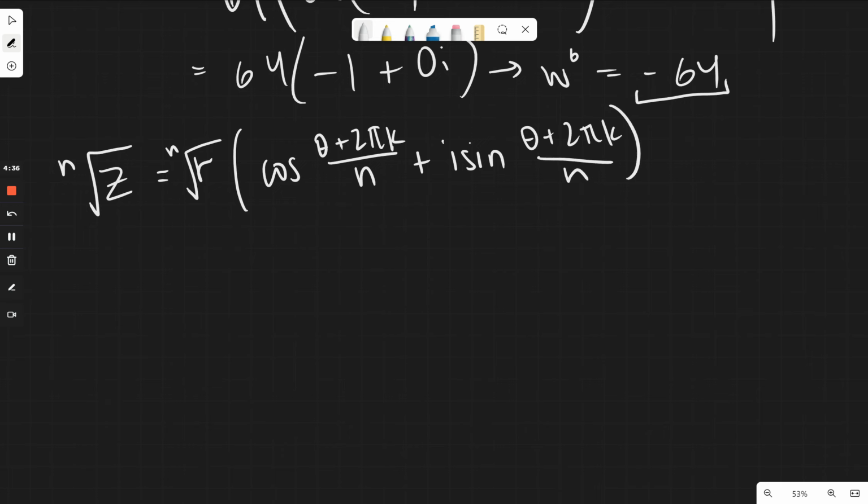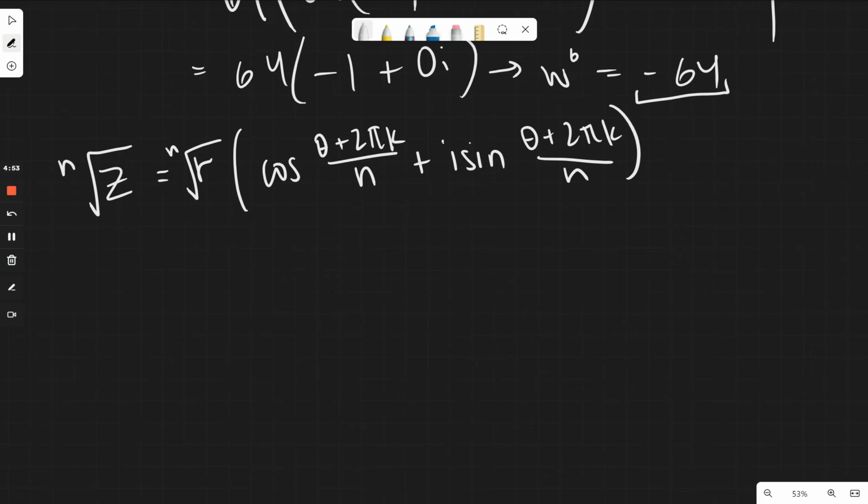And k, if we have 6 roots, is going to be 0, 1, 2, 3, 4, 5. Sorry, 0 to 5. That's what k is going to be for finding the n roots.